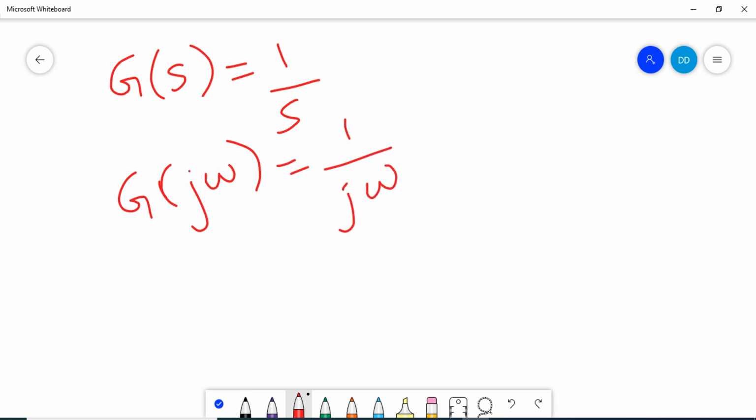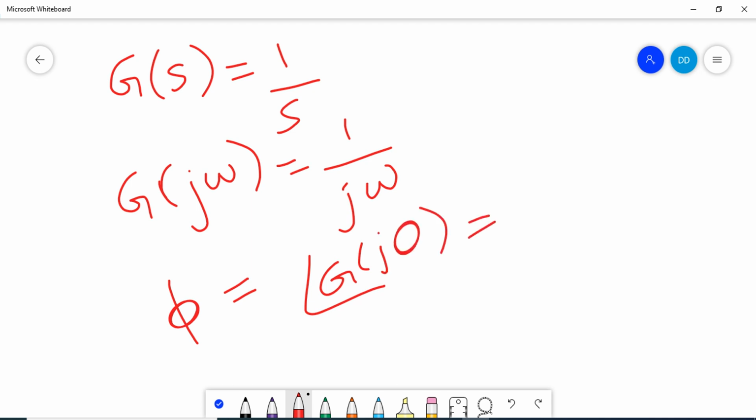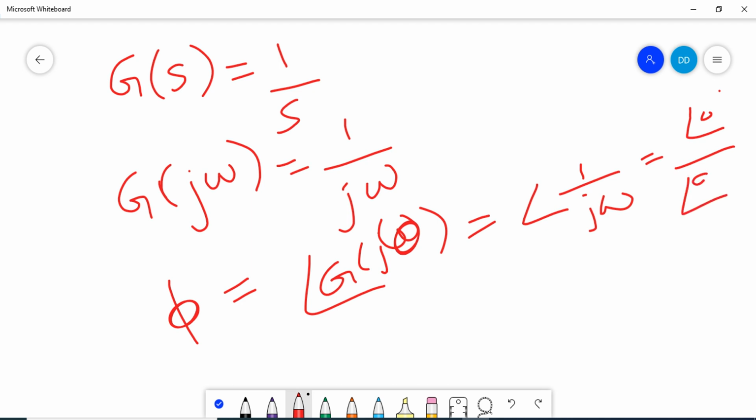We can write the phase angle φ, which is nothing but the angle of G(jω), as the angle of 1/(jω). The angle of 1, the real part, is 0 degrees, divided by j, which is 90 degrees. So it becomes minus 90 degrees. So if we have a single pole at the origin, the phase angle obtained is minus 90 degrees.